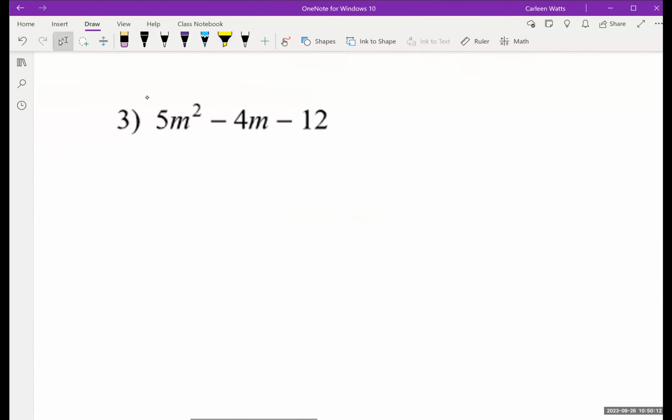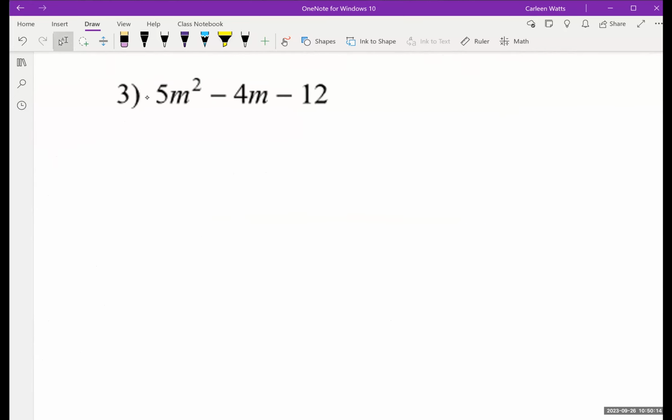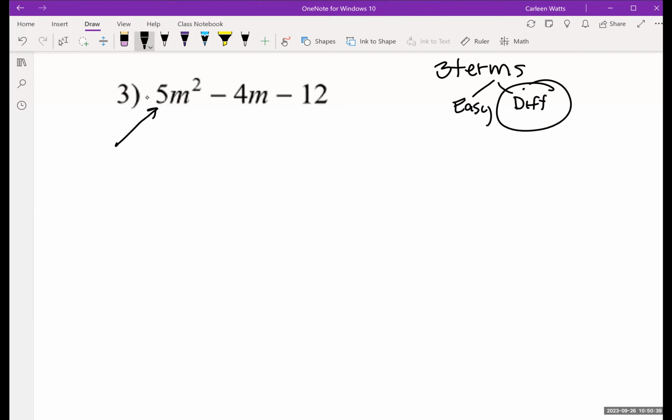Okay, so remember our little chat at the beginning with all those bubbles? This is 3 terms. Is this 3 terms easy or 3 terms difficult? How do we know? Uh-oh, we have a coefficient in front of the m squared. Yeah, if we have a coefficient in front of the m squared, then it's 3 terms difficult.